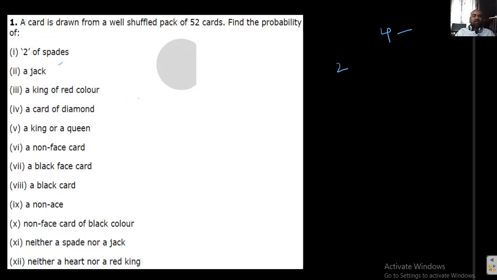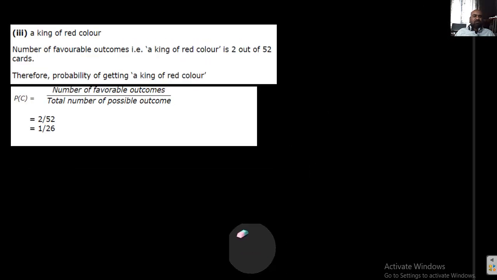The answer for the third problem is 1 by 26. Number of favorable outcomes, a king of red color, is 2 out of 52. Therefore, the required probability is 2 by 52, that is 1 by 26.